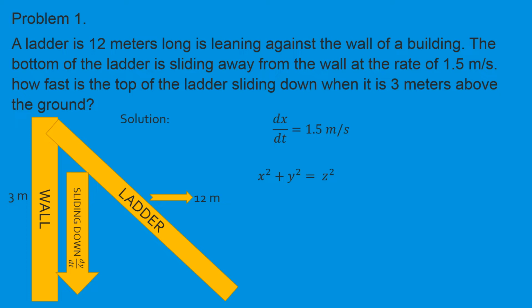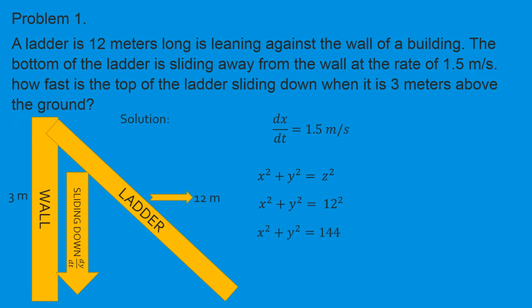So the Pythagorean theorem can be used to model this type of problem and at the same time solve for some unknown quantities. From that, we know that z is 12 meters, but when we square that it becomes 12 squared. So x squared plus y squared is equal to 12 squared.